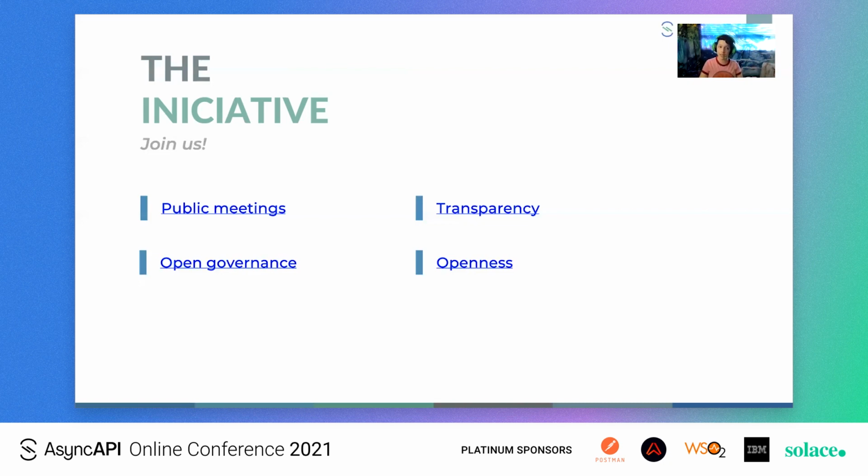But our documentation is a part of the initiative. And if you have questions that you want to bring up about the documentation in our public meetings, please do that. We'd love to hear your questions. If you have questions about how to improve transparency and openness in our documentation, please don't be shy, send them our way.